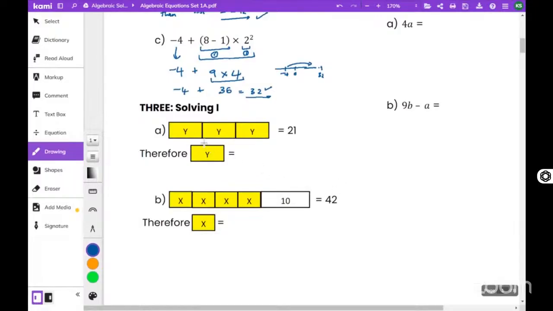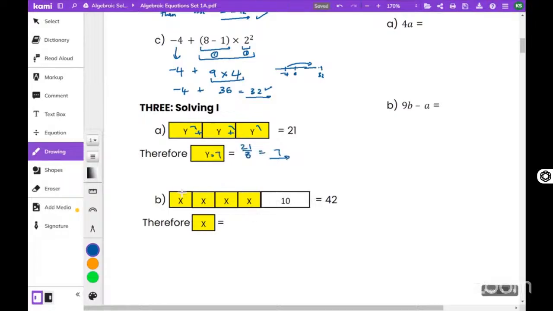All right, so the next one now, I've got y, which is 21. So that means y plus y plus y must equal 21, which means 7 plus 7 plus 7, because 7 plus 7 plus 7 is 21. In other words, 21 divided by 3 equals 7. And so y is equal to 7.